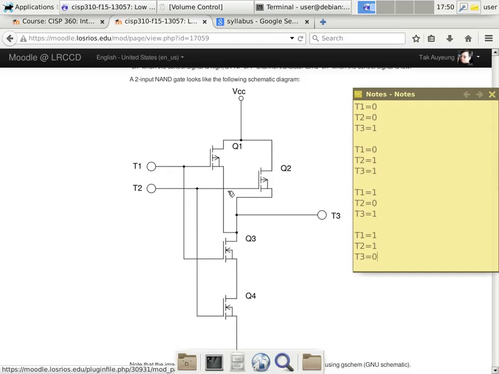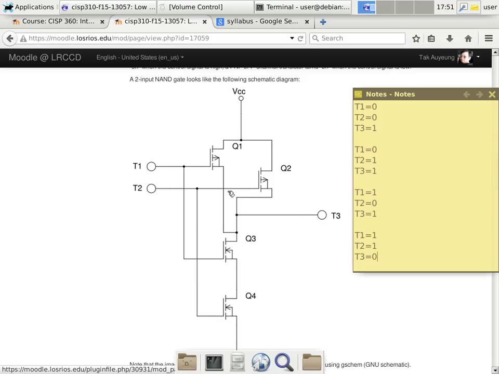But Q4 itself is off. In other words, Q4 is not going to complete the circuit here because the gate voltage of Q4 is low. Because when you have two switches in series, they both have to be on in order to turn on the entire thing. Okay. Are we still doing okay so far with this picture?